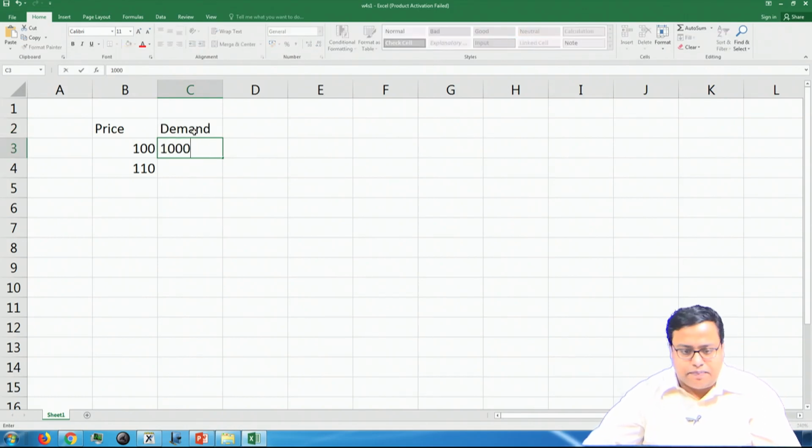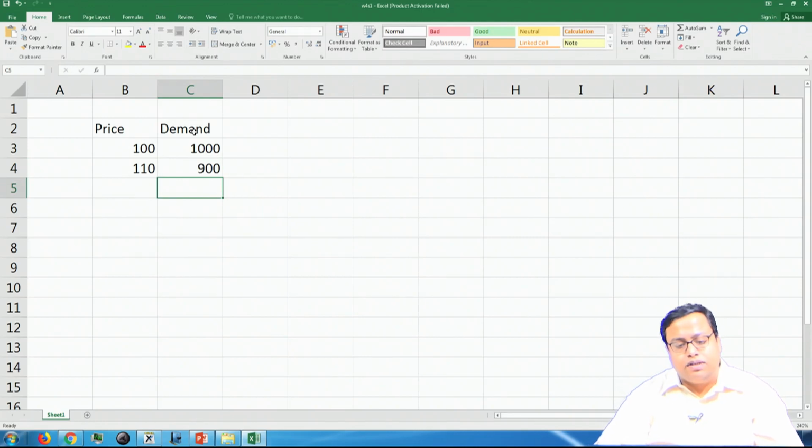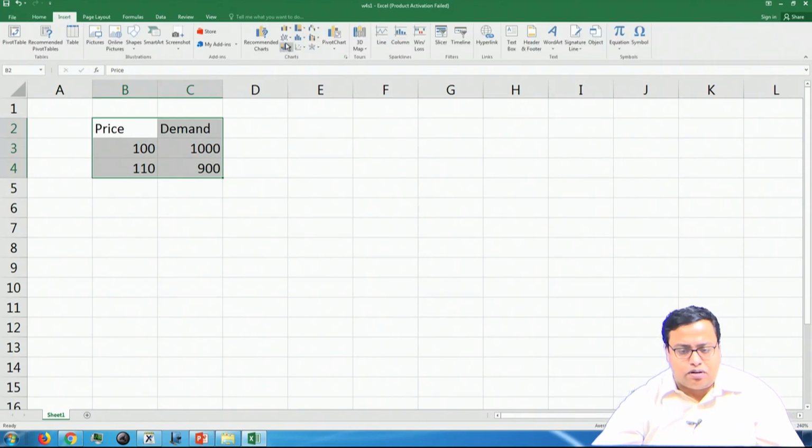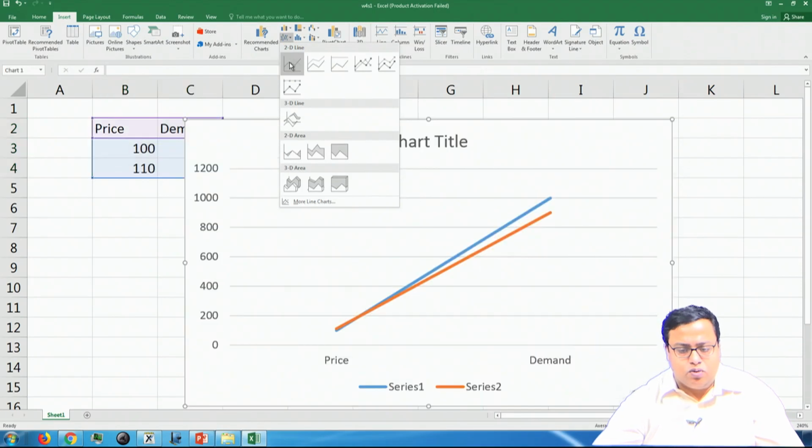Let us say when the price is 100, the demand is 1000, and when the price is 110, the demand is 900. This kind of data will be there, the price and the demand, and the first job is to find the relationship between the two. I will quickly try to find a linear plot between the two, because I have only these two points.